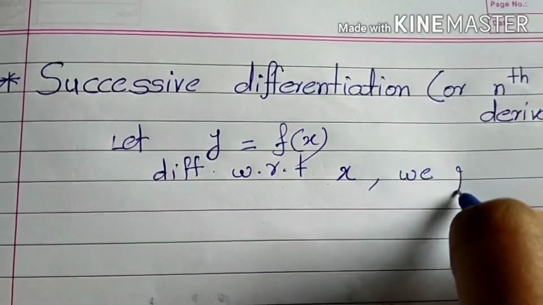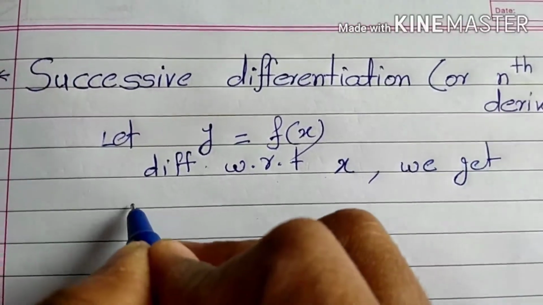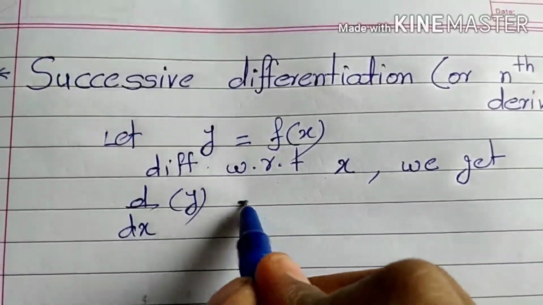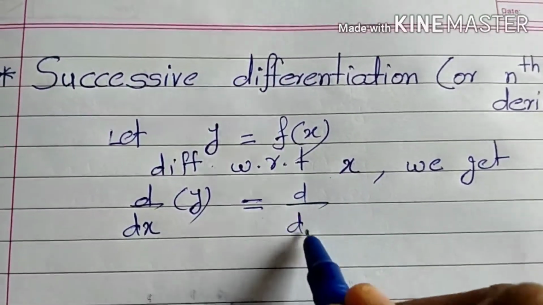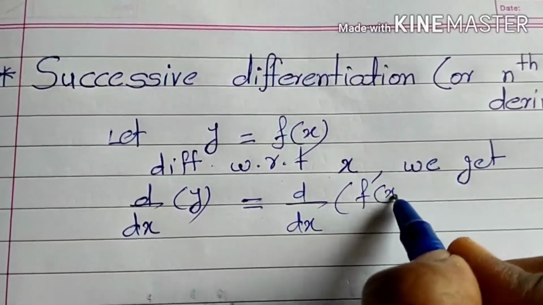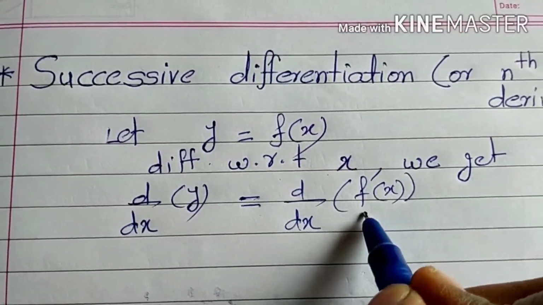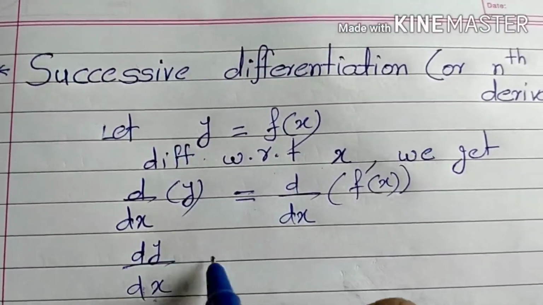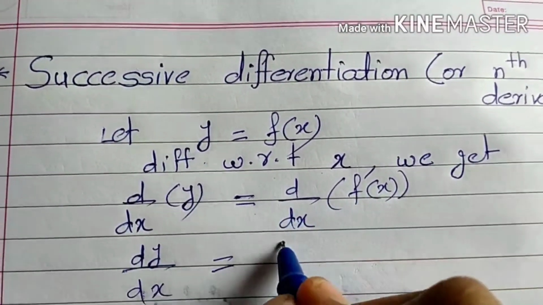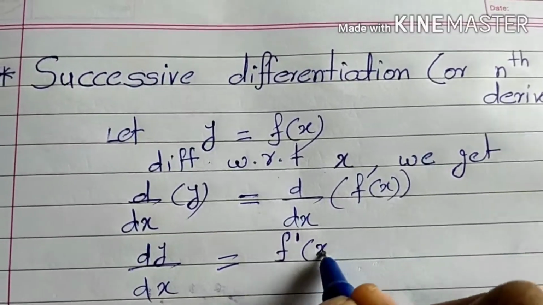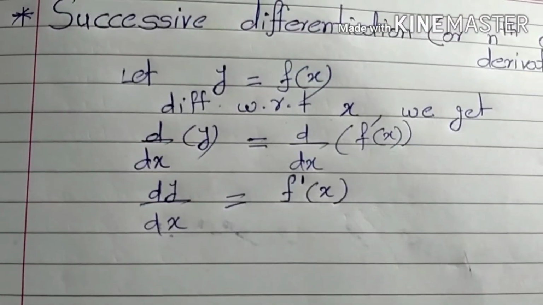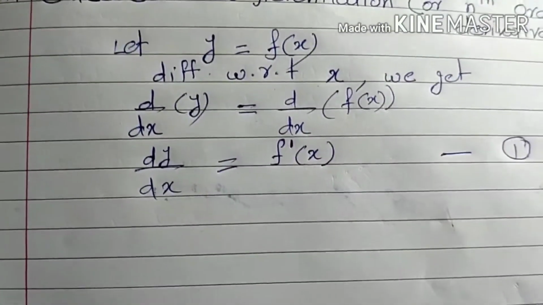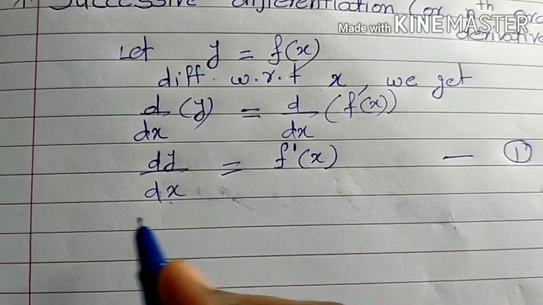We get d by dx of y is equal to d by dx of f of x. Here f of x is any function. So dy by dx is equal to the derivative of f of x, which is f dash of x. Give it equation first. And this is called the first order derivative.